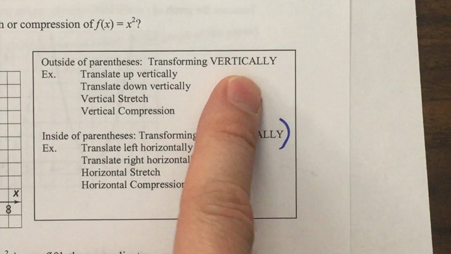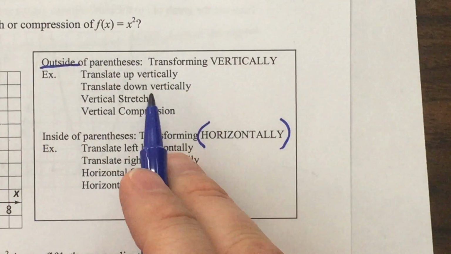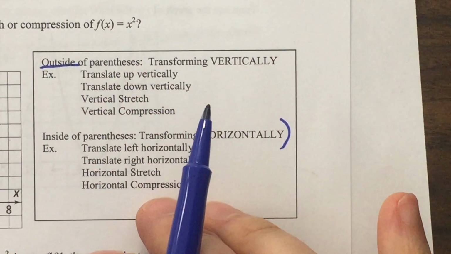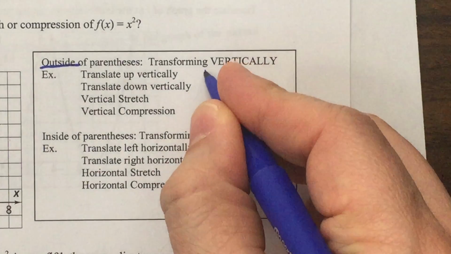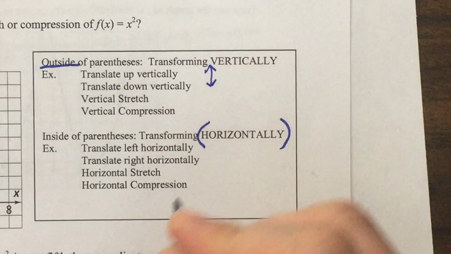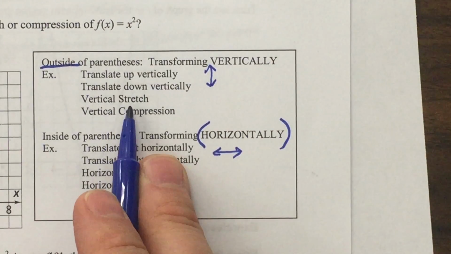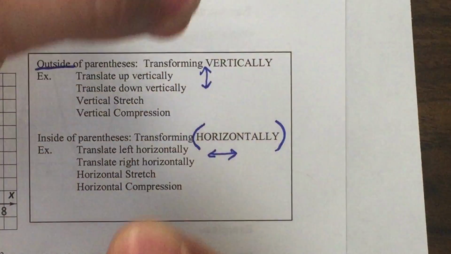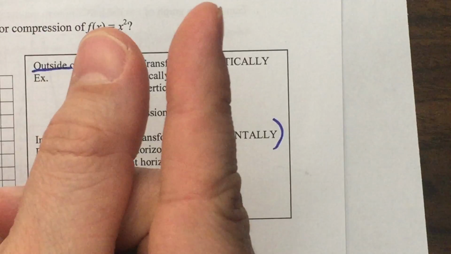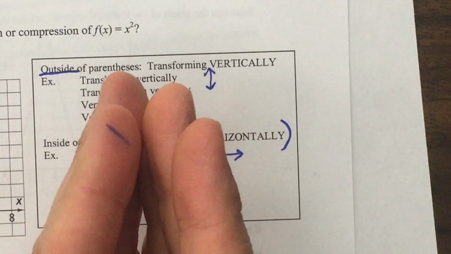If the number is not in parentheses, it's outside parentheses, then similar things are happening, but it's all vertical stuff. It could move up or down vertically if you have a number on the end. It could also have a vertical stretch. If I had a parabola and I pull on it vertically, it's going to make it skinny, just like a horizontal compression makes it skinny, okay?